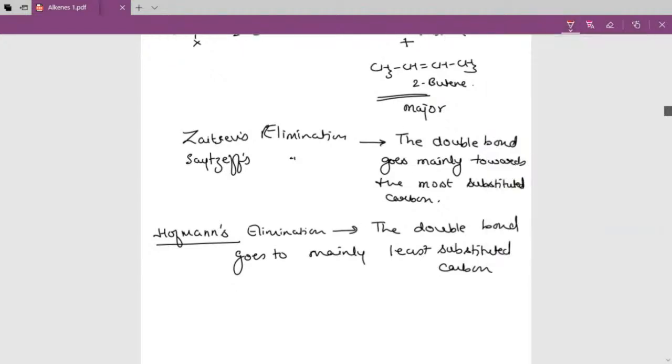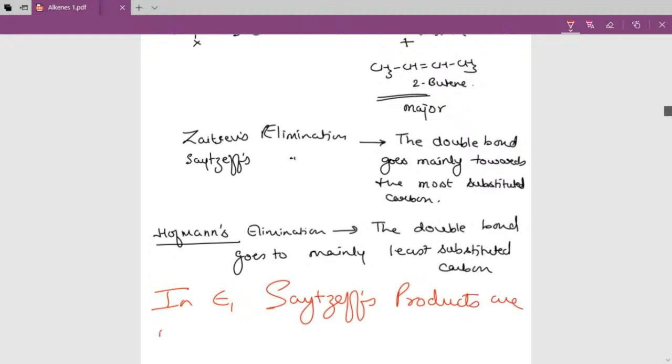In elimination, I can say, in E1, Zaitsev products are major products.